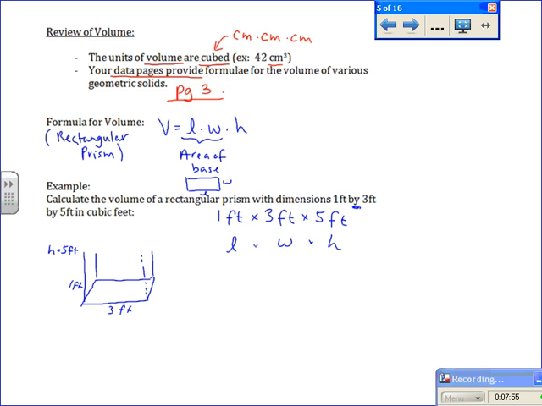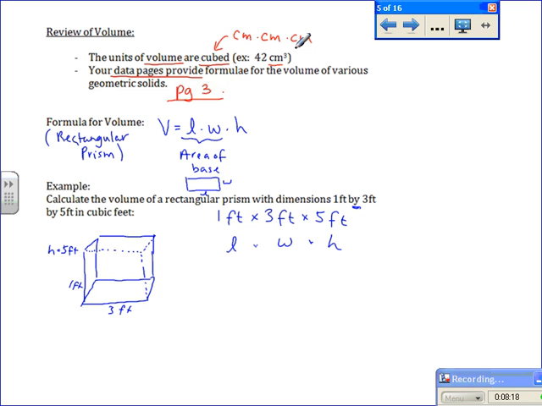So there would be my box. You don't have to draw this picture. I'm not doing a very good job anyways. Something like that. There's my box.